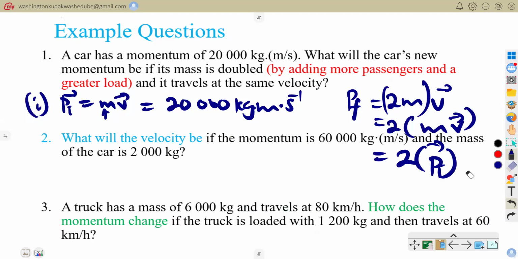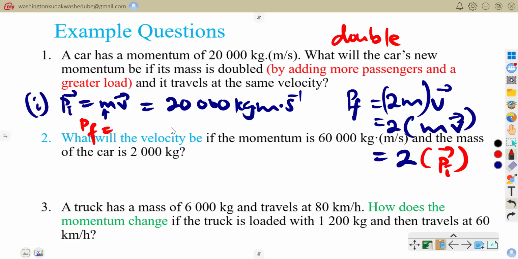So our final momentum is going to be 2 times the initial momentum. So we are going to see that our momentum is also going to what? To double. It is also going to double. So our final momentum will simply be equal to 2 times 20,000 kg meters per second. That is what you are simply supposed to do there.